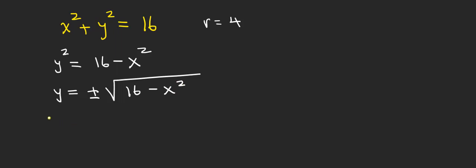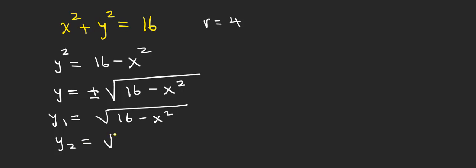So again, your y1 will be radical 16 minus x squared. And then your y2 will be negative radical 16 minus x squared. So you got to graph both y1 and y2 to get the graph of x squared plus y squared equals 16.